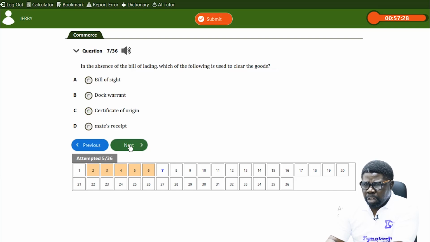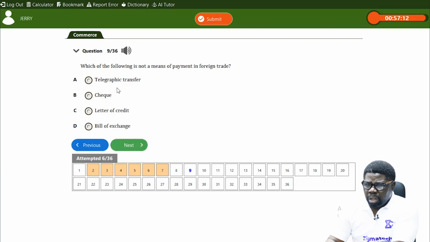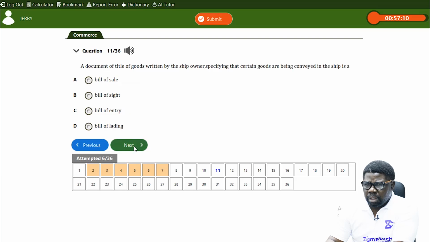In the absence of the bill of lading, which of the following is used to declare the goods? Bill of sight will be used. Which of the following is not a means of payment in foreign trade? We have not discussed this.